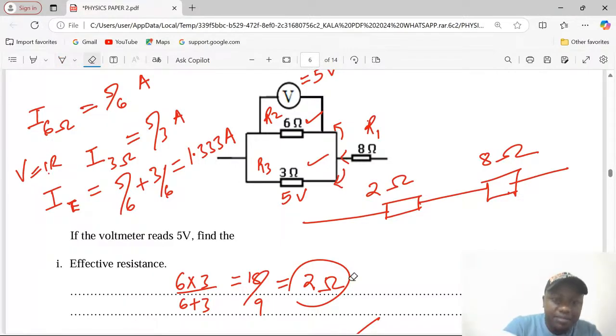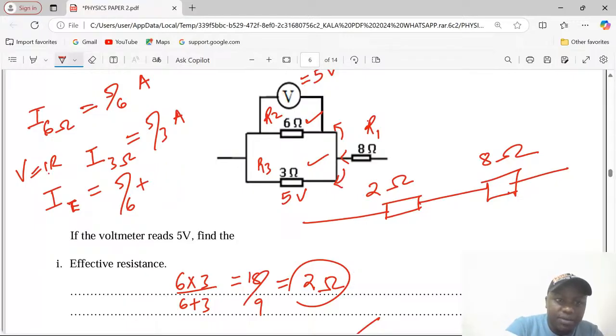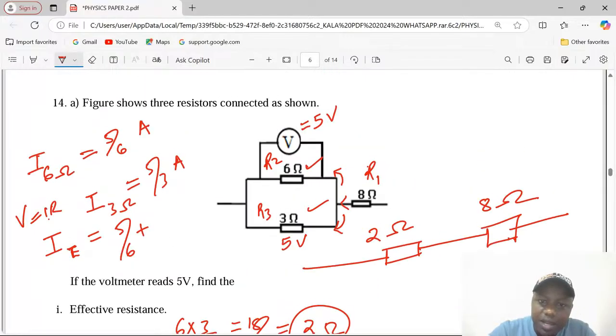So we are adding, I'm sorry for that mistake. In the second case now, V 5/6, then 5/3. Let me check the summation. 5 out of 6 plus 5 out of 3, giving us a current of 2.5 amperes.